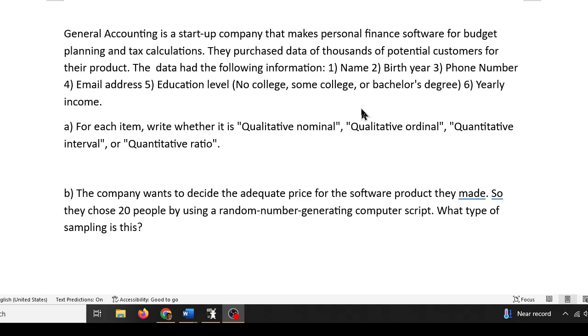Okay, so let's go through each one of these and figure out whether it's qualitative or quantitative. Name, this is not a number, so this would be definitely qualitative. Birth year is a number, and of course, if the number is big, then the person is born recently.